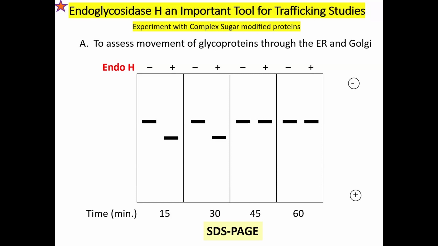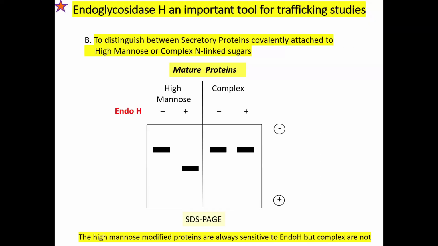Here we are using endoglycosidase H in trafficking studies to assess the movement of glycoprotein to the ER and the Golgi. Before we go into this slide, we'll go to the next slide for some basic information. This is another very important point: endoglycosidase H can distinguish between high mannose and complex sugars.